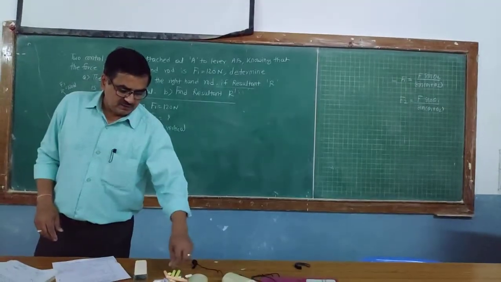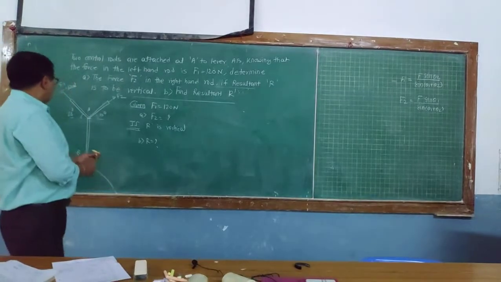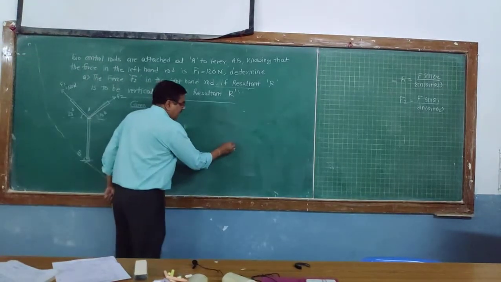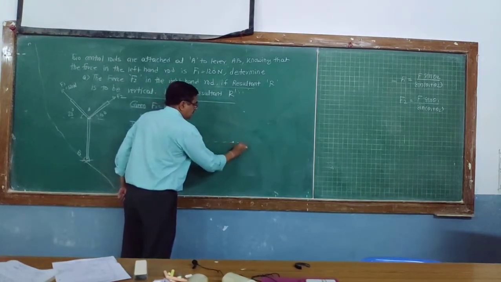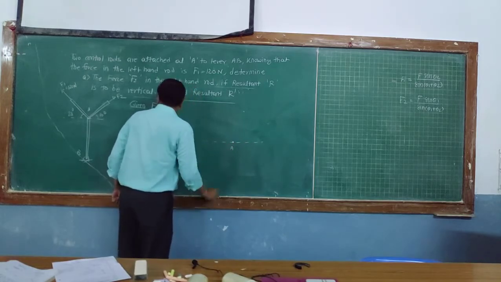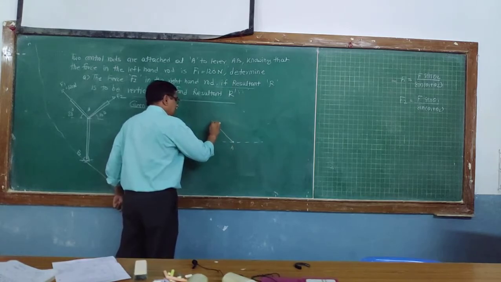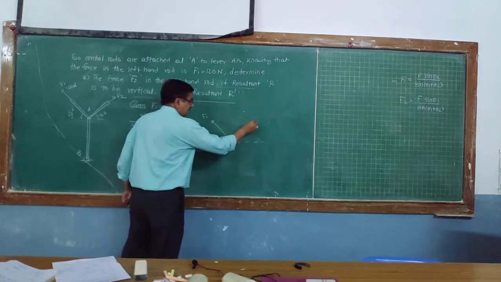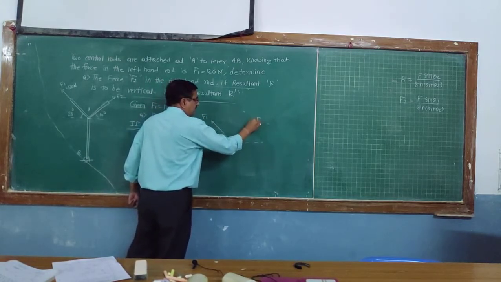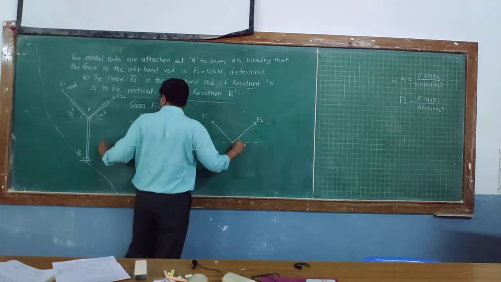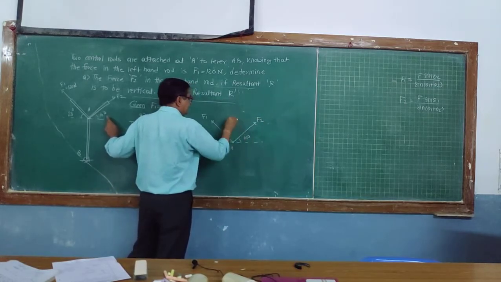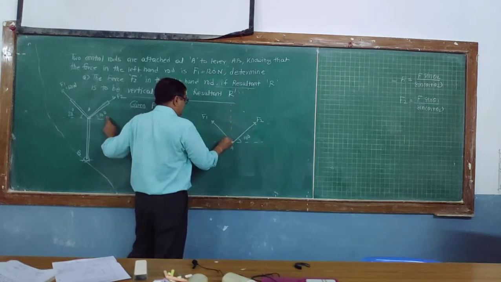Now I will modify the figure. At point A, this is a horizontal line through A. Two forces are acting, F1 and F2. So this is F1, this is F2. The angle made by F2 with the horizontal is given as 10 degrees. This is the vertical line.